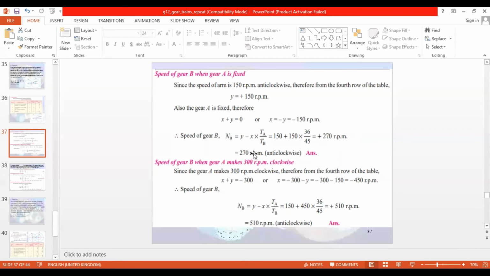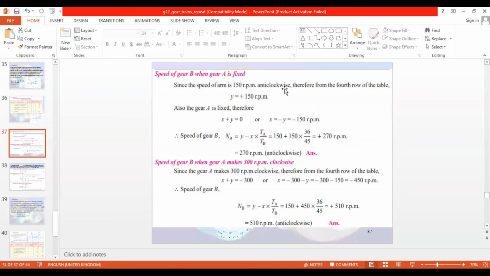So when you solve it, the sign in the equation tells you the direction. The speed of the arm is taken as anticlockwise, which is already given in the question, and you replace everything according to the equation. Whatever plus or minus comes out will give you the direction.